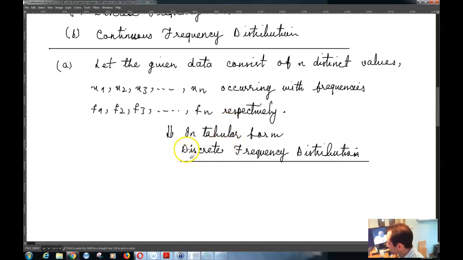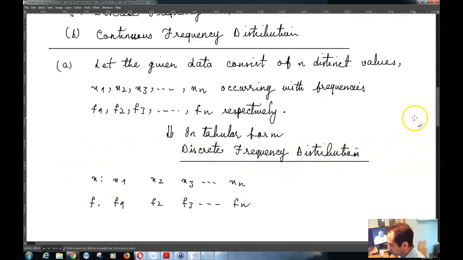So then you have your x as x1, x2, x3, all the way up to xn, and you have your f as f1, f2, f3, all the way up to fn. So that's how you can represent your data.